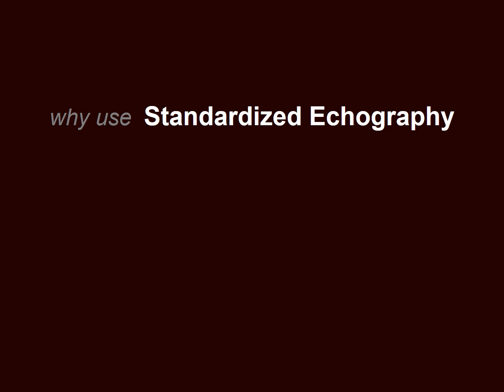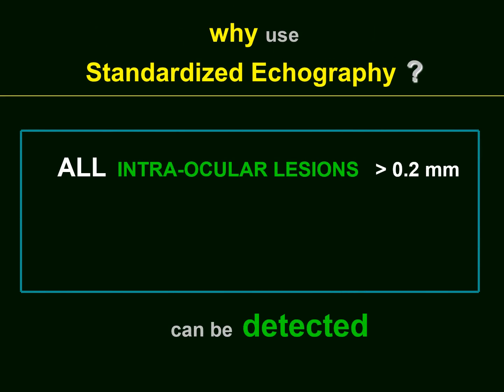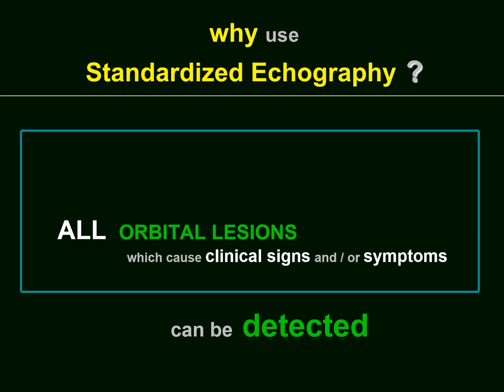And why should we use standardized echography? Now comes the answer, what I have already mentioned, that it gives us the best results. All intraocular lesions that are larger than 0.2 millimeters can be detected, and all orbital lesions which cause clinical signs and/or symptoms can be detected.